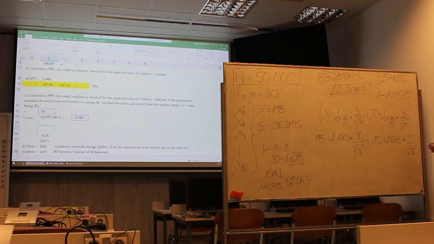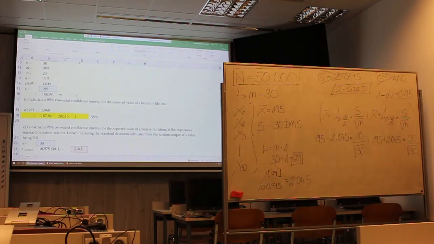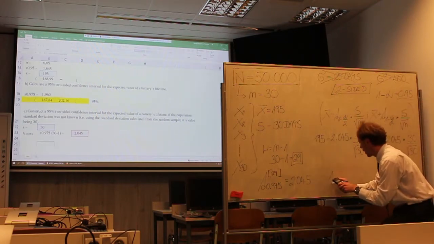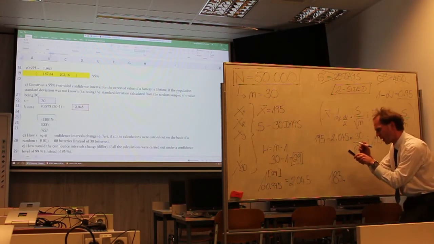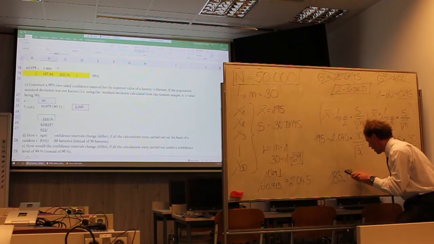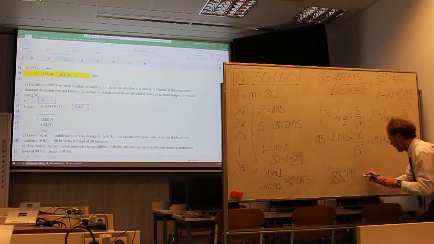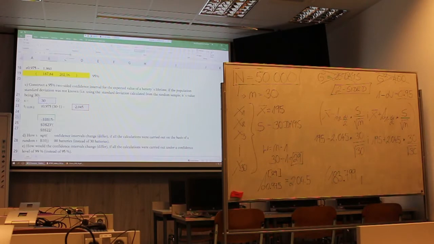Okay, we will solve this. 30 divided by square root of 30 times 2.045, 195 minus this value. So on the left side, 183.799. Right side, right bound: 30 divided by square root of 30 times 2.045 plus 195.